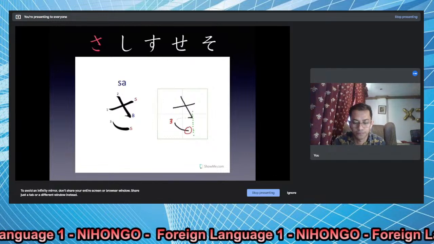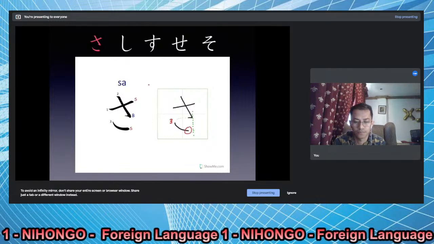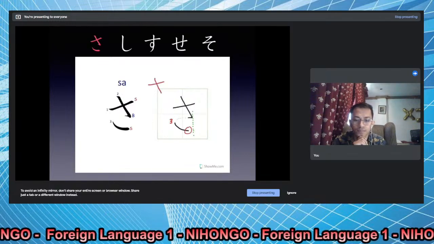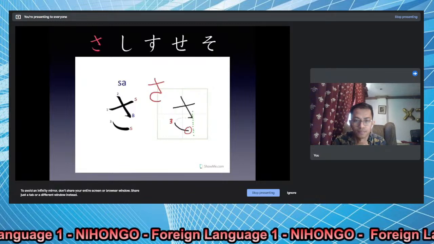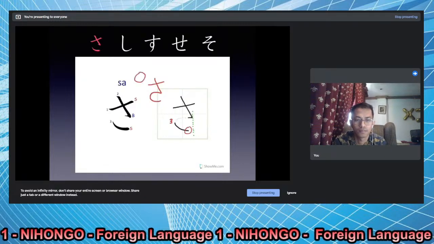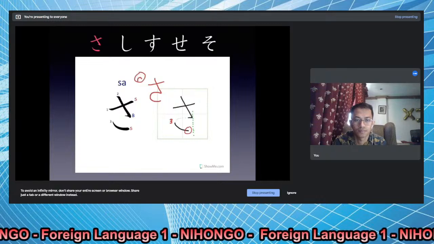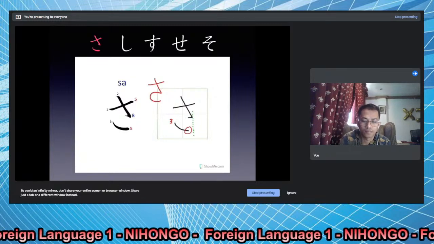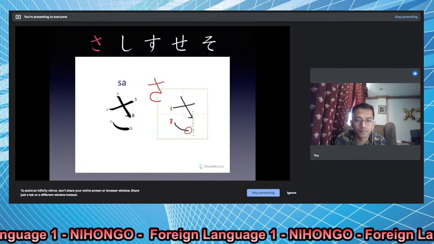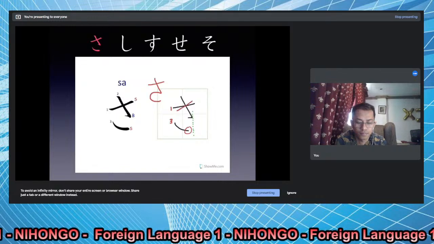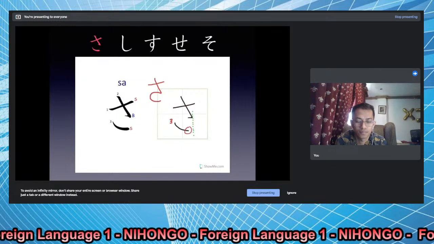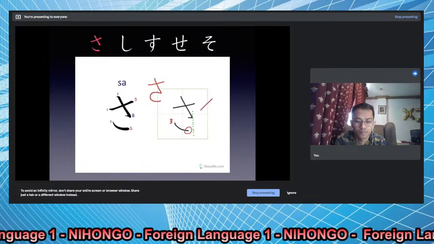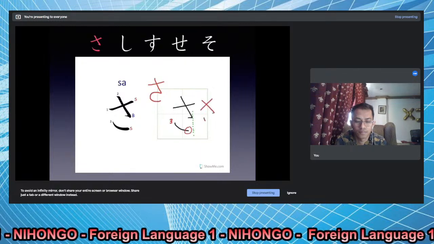Because of this, you may sometimes see the hiragana sa written like this. This is the printed version of this letter, and you are not supposed to write your sa like this. And just like hiragana ki, stroke number 1 goes up a little bit, but don't make it too steep. Your sa shouldn't look like this.